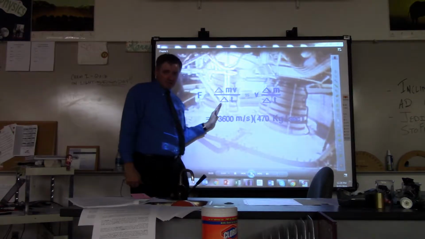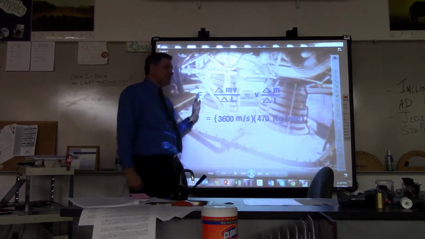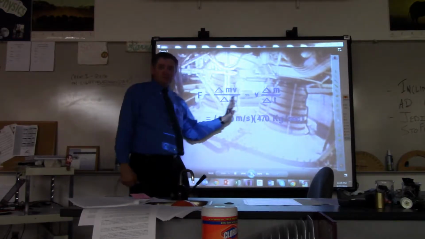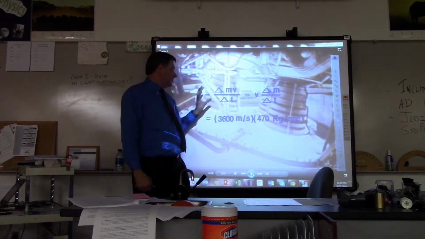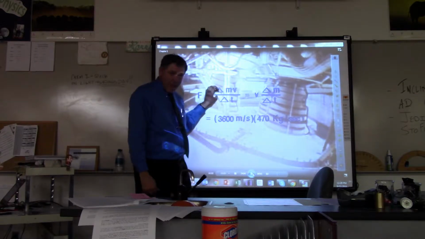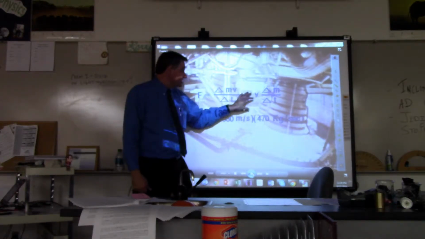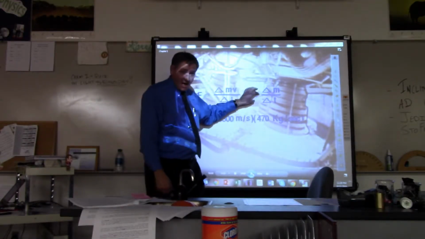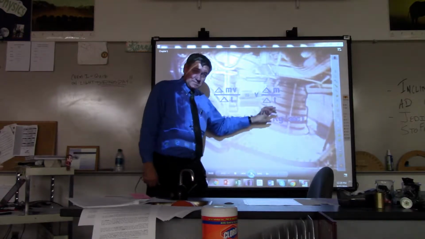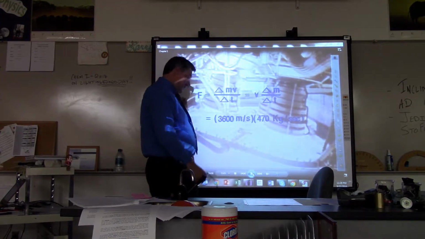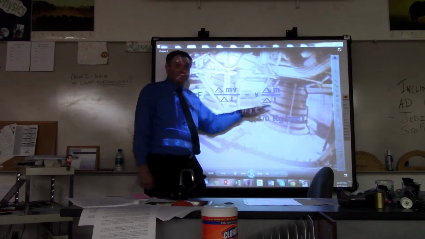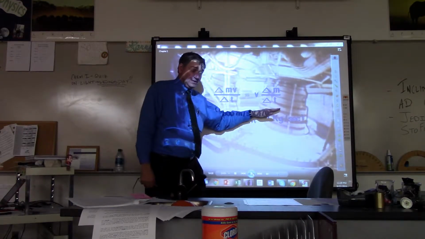What's change in velocity over change in time? Acceleration. So this is basically Newton's second law of F equals ma. But instead of keeping the mass constant and having an acceleration, we're keeping the velocity constant and we're changing the mass per unit of time. So all this is nothing but F equals ma. It's just written a little bit differently.